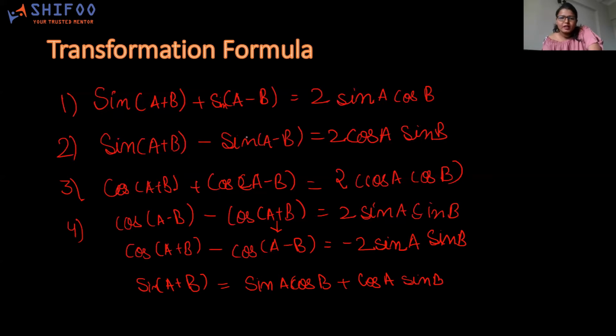Similarly, if you substitute sine of A minus B, you will get another value, where one term is subtracted: sine of A minus B will be sine A cos B minus cos A sine B.